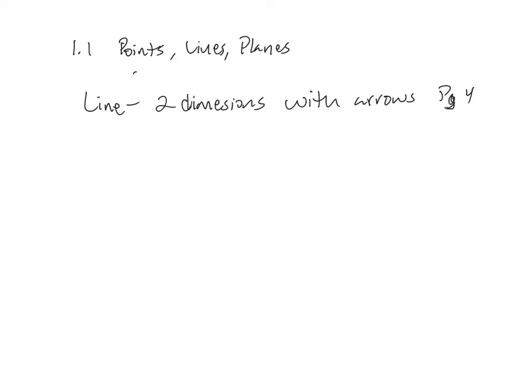Page 4. So if you have a line like this, it has the two arrows at the end, meaning it does go on forever and ever in those directions. And if you needed to name this line, you could name it a ton of different ways.